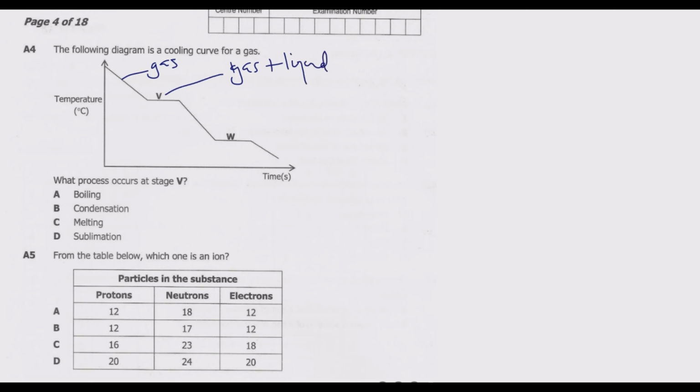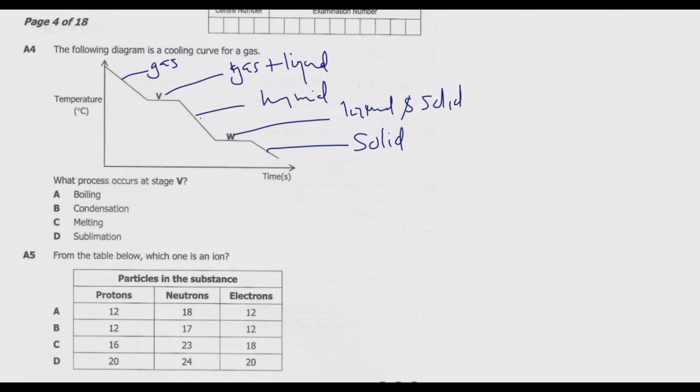Then here we have a liquid alone. Then at W we have liquid and solid. Then here we have just the solid. So the question is, what process occurs at V? At V the gas is turning into liquid, so that should be condensation.